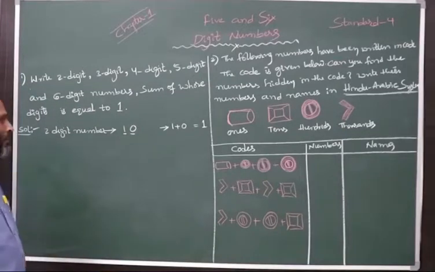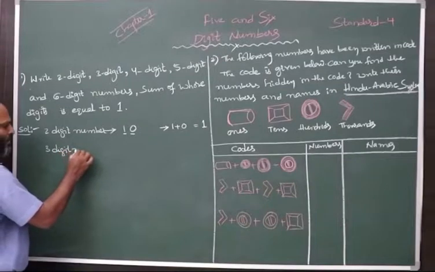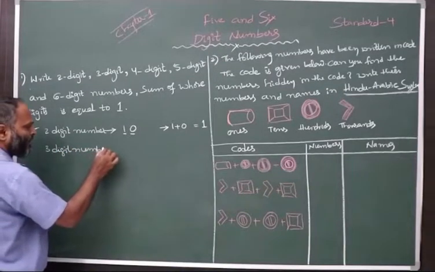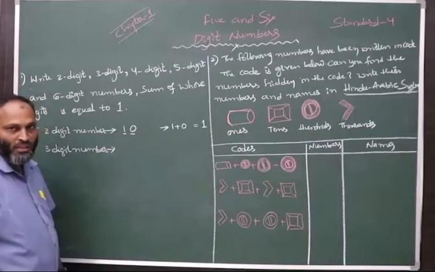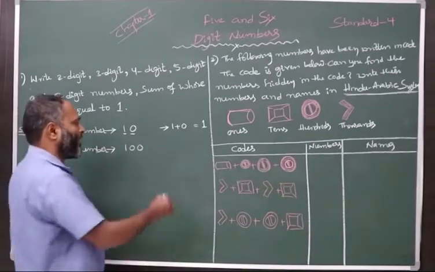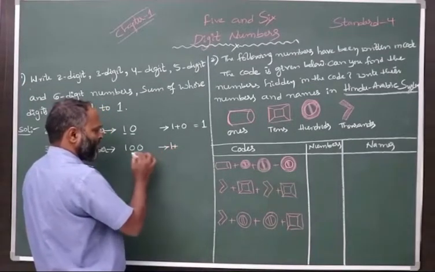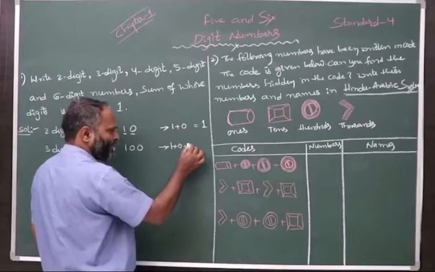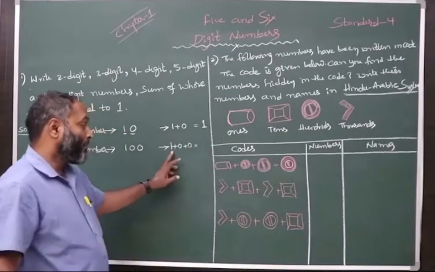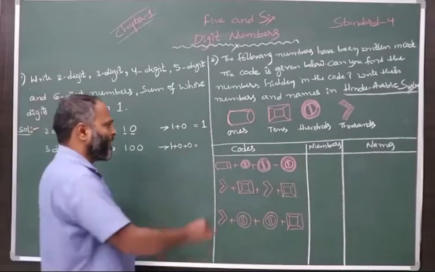In the same way, for a 3-digit number, if I take 100 and add the digits 1 plus 0 plus 0, 1 plus 0 is 1, 1 plus 0 is 1. The answer is 1.